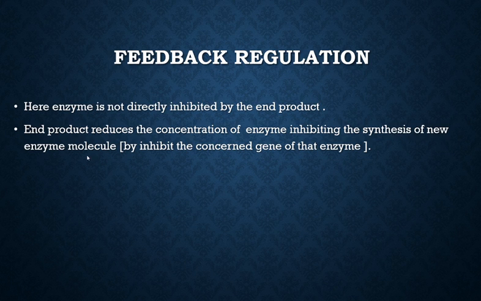So it inhibits the concerned gene, the gene which produces the enzyme, and it doesn't make that kind of enzyme. In this way it reduces the concentration of enzyme by inhibiting the synthesis of new enzyme molecules.